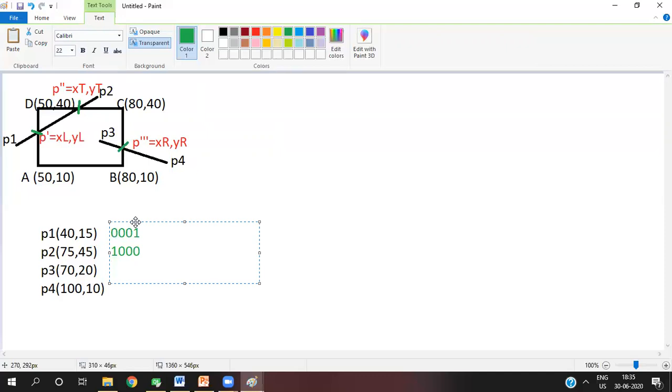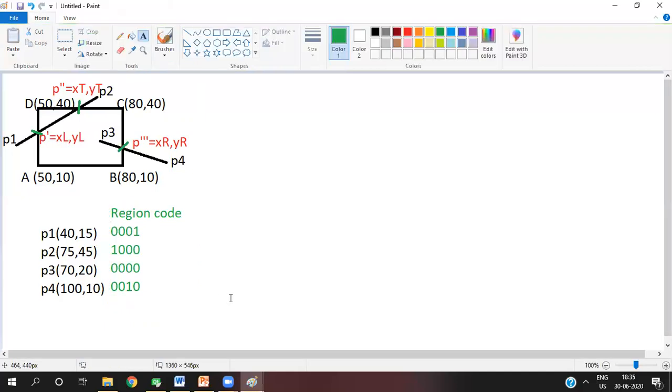P3 is lying inside the window, so 0000. What about P4? P4 is at the right hand side, so right hand side is 0010. Fine, understood. So this is the region code. If you want I can specify here quickly. Region code. Done. This is about region code.